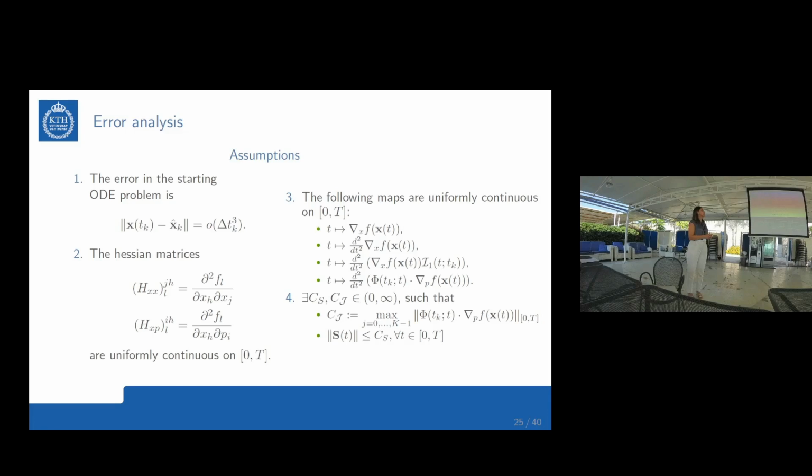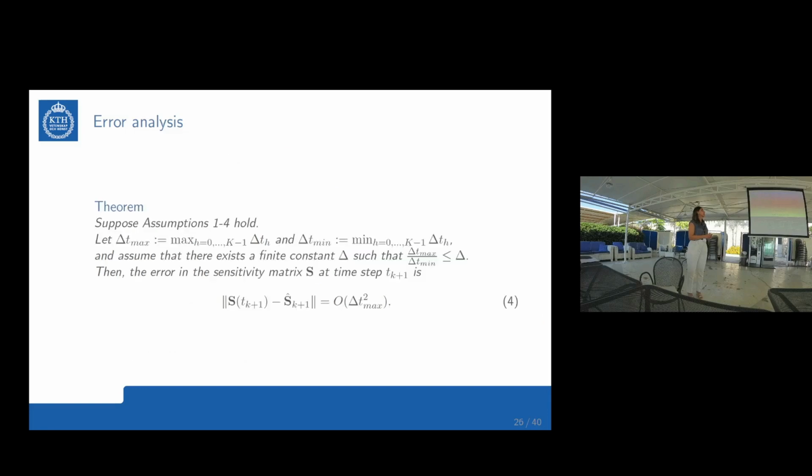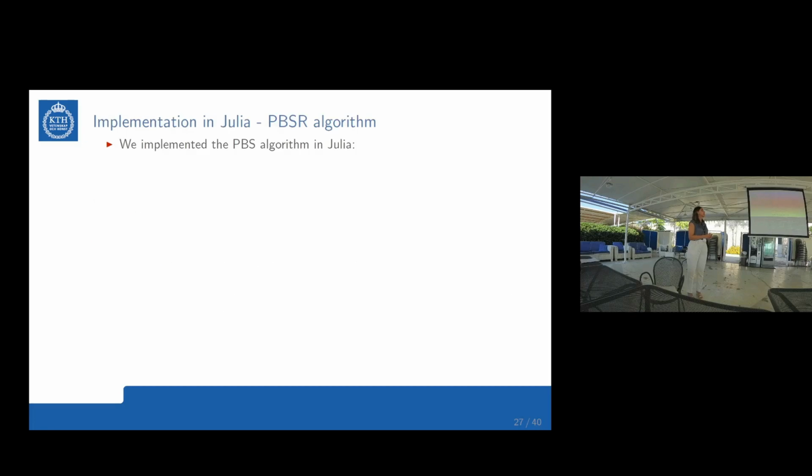And then assuming that the solution of the nonlinear ODE system has an error that is smaller than delta t to the power 3, and also assuming a certain regularity of the time grid, we get that the global error in the sensitivity matrix scales quadratically in the largest time step size.